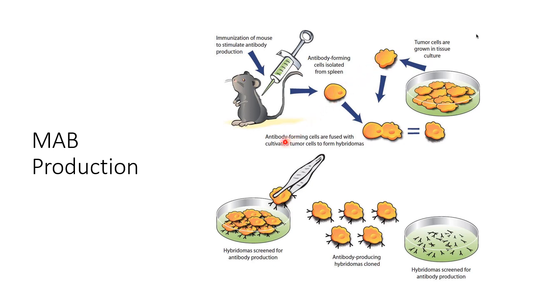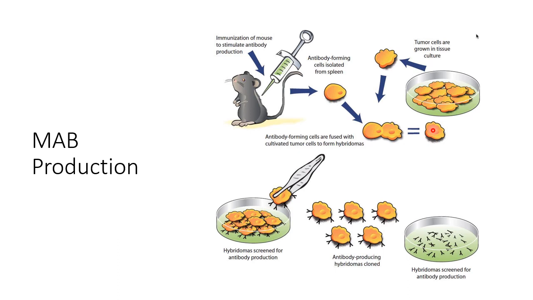So you fuse the two and you form a hybridoma. So this hybridoma is important because it has the two properties that we want from the antibody producing cell from the spleen and the cancer cell. So we have the hybridoma producing antibodies that are specific to the antigen that we introduced, plus the hybridoma, because it contains material from cancer cells, will also express immortality.